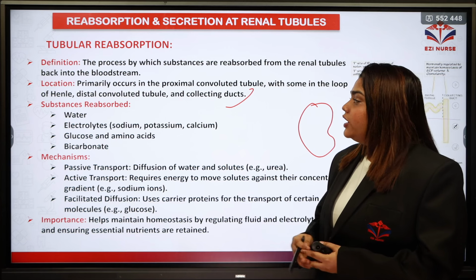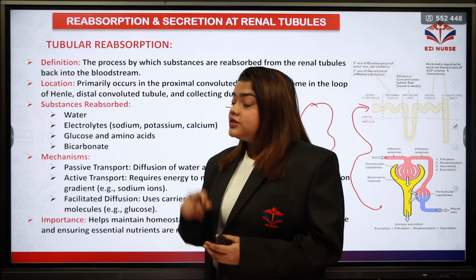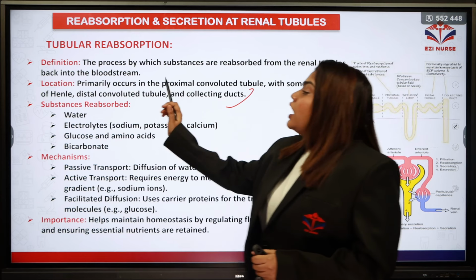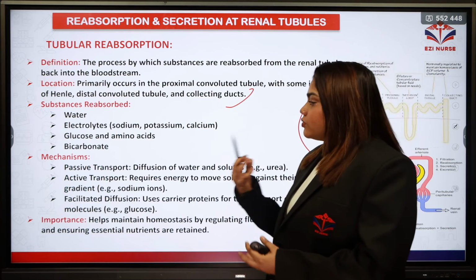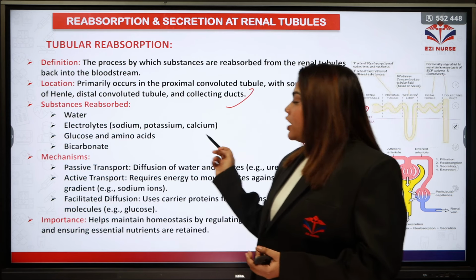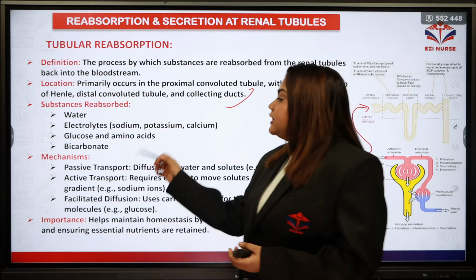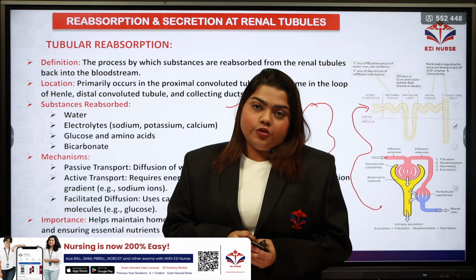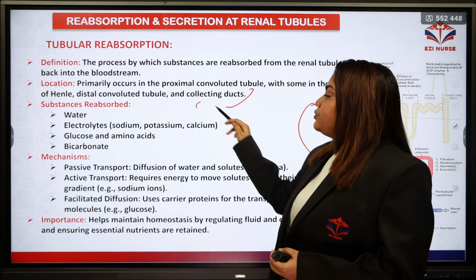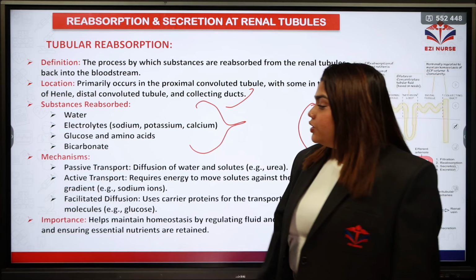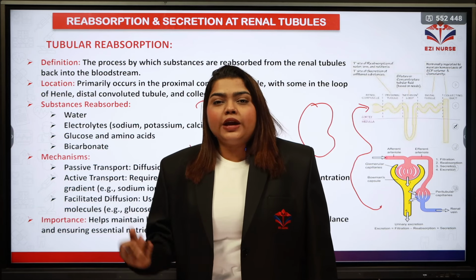The substances reabsorbed by the tubules are water and electrolytes. The main electrolytes are sodium, potassium and calcium. Then we have glucose, amino acids, and bicarbonates. These are the main substances reabsorbed through the tubules.